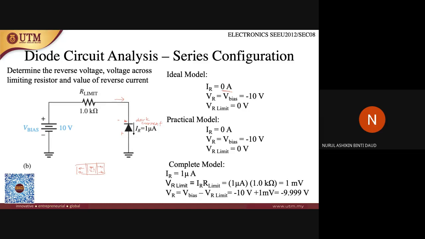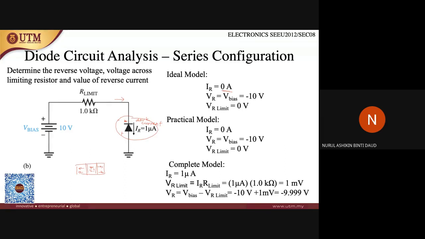So this is the value of dark current, 1 microampere. So VR now is no longer 0, but it is 1 microampere times 1 kilo ohm. So it gives you a voltage value of 1 millivolt. So if you want to calculate the V reverse at this diode condition, V bias minus VR limit is minus 10 volts plus 1 millivolt. It will give you minus 9.999 volts.